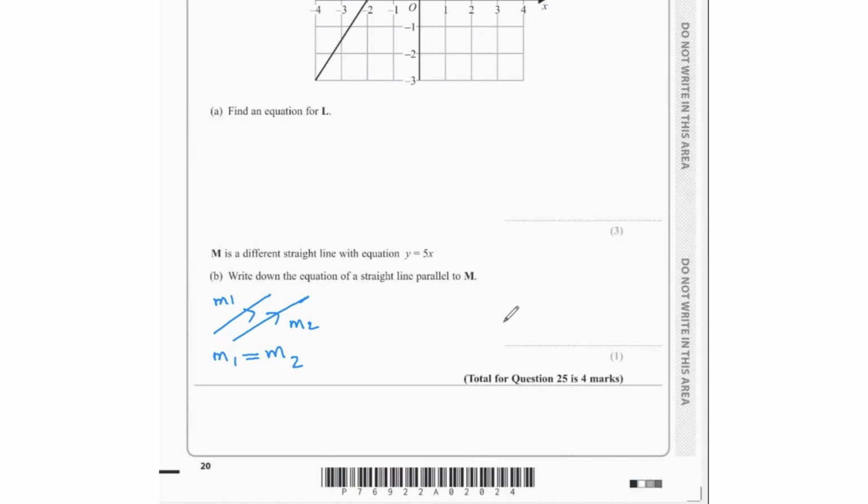So you can have any equation as long as you have the gradient of 5 and you can just add or subtract any number. Let's say I do y equals 5x minus 2. That's correct. You can add any number or subtract any number, that doesn't matter. What matters is that your gradient is the same. Whatever you're adding or subtracting won't make any difference to your answer.